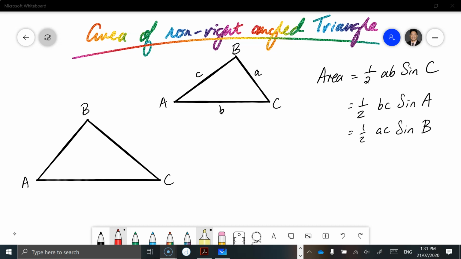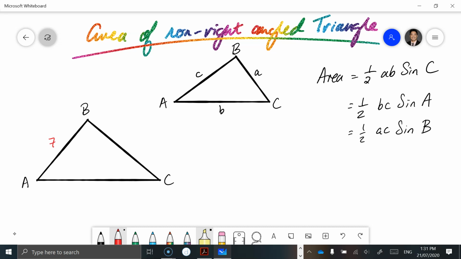So let's use the context of, say, this is 7, 9, and we've got an angle of 120 degrees, okay? And so this is C, and this is A, and we have angle B. Looking at the three options, we've got this general formula, and usually the focus would just be the first one.